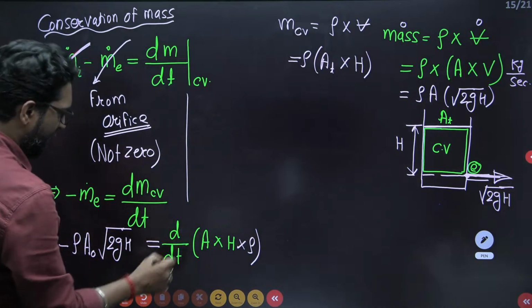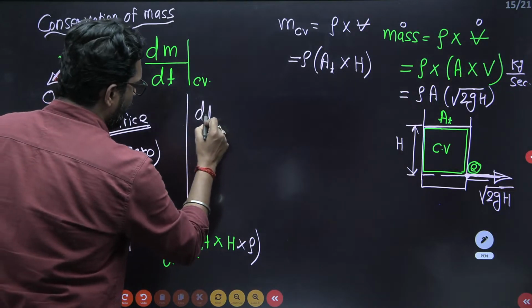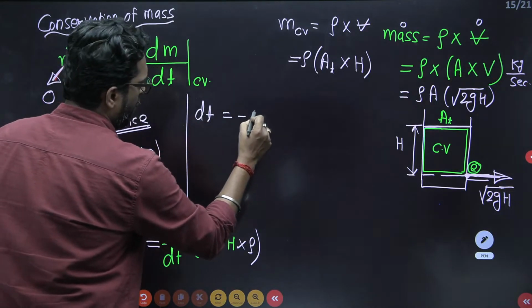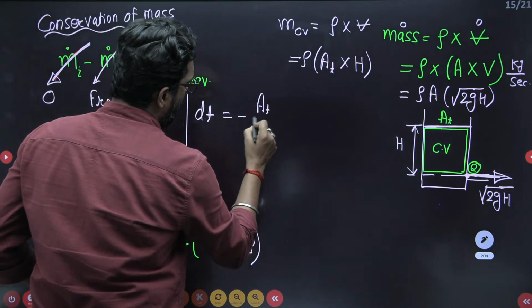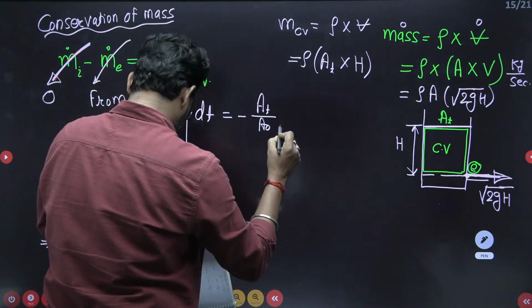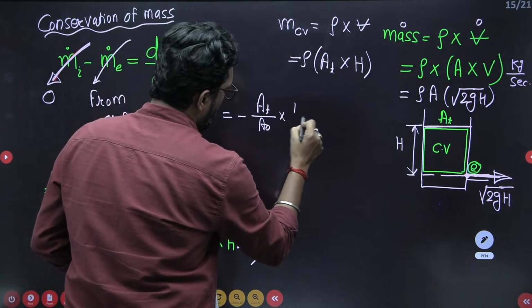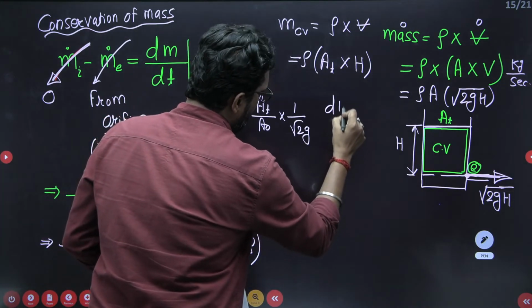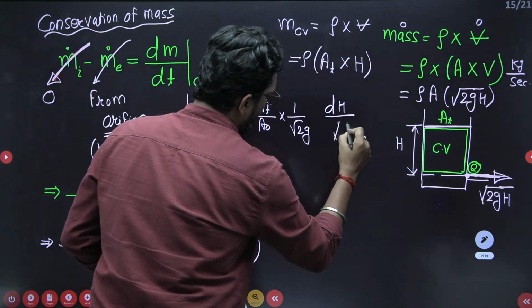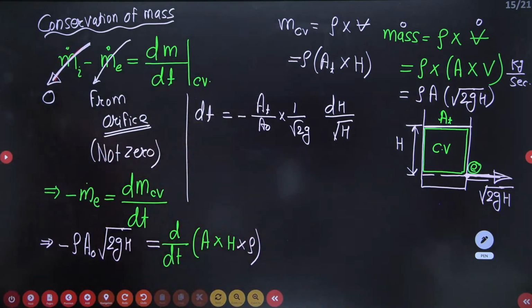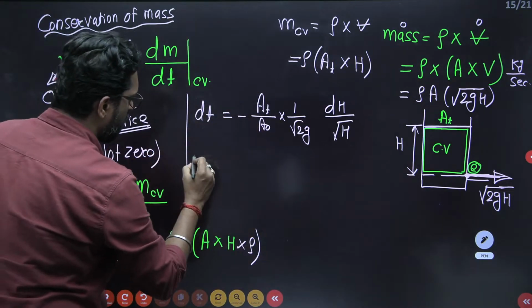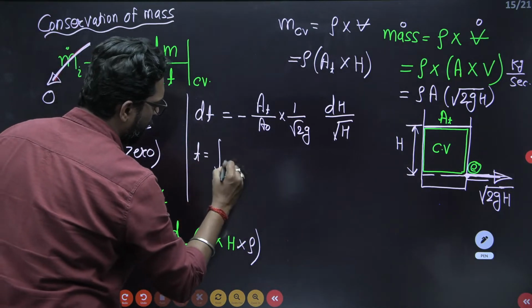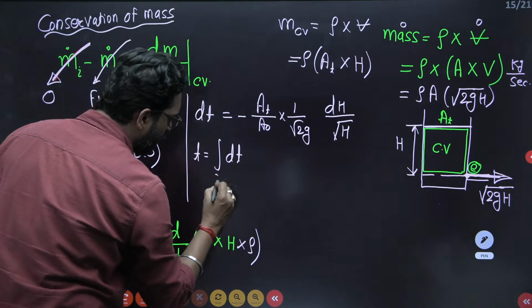So you have to solve this equation. If you separate dt, dt is equal to A top by AO into 1 by root 2g, dh by root h. Clear? Now you have to integrate this with time from 0 to t.